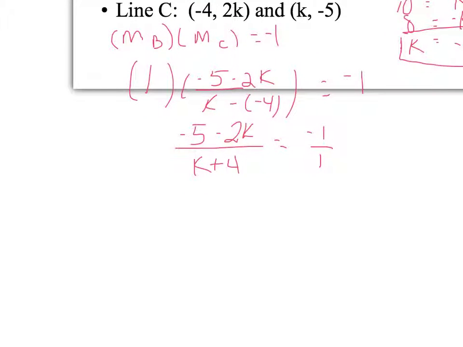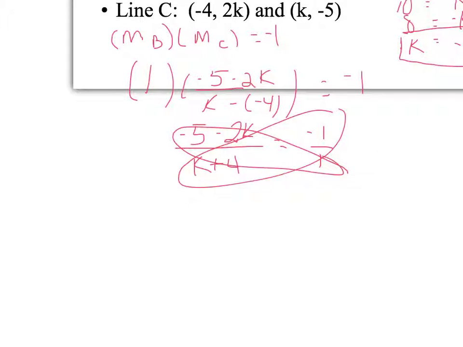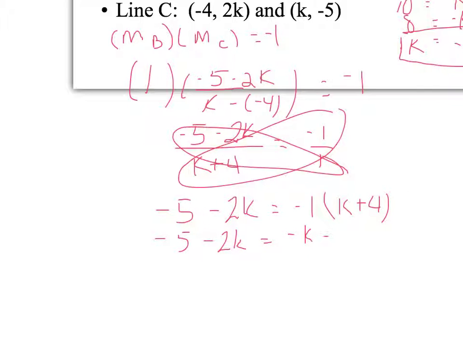Now we can do the same thing that we did earlier, the butterfly method. So that would be -5 minus 2k equals, I have to distribute that negative to the k and the 4. I'll just go ahead and write that step out. Okay, -1 times k plus 4. So -5 minus 2k equals -k minus 4.